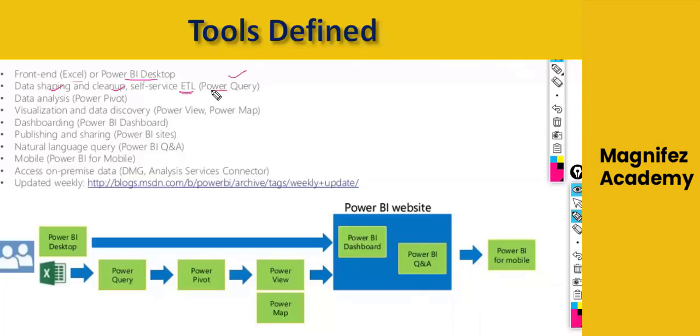We have the tool called Power Query, which is a part of Power BI. Now, for data analysis or data modeling, Power Pivot is there. For the visualizations you want to create, we have Power View and Power Map to create maps and views, which are nothing but, now forget about these terminologies because these have come as a single name called Power BI desktop.